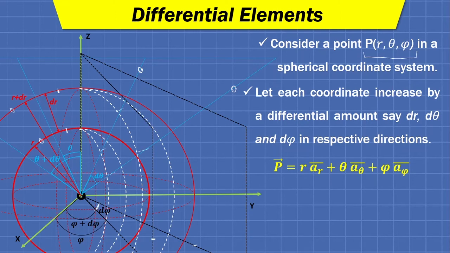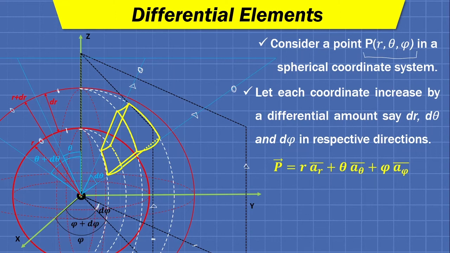I am not going to show full circles, I have only shown the arcs of those 4 circles. And the intersection of these two cones and these two planes are 4 straight lines. So by these intersections we can develop a differential element in the spherical coordinate system.